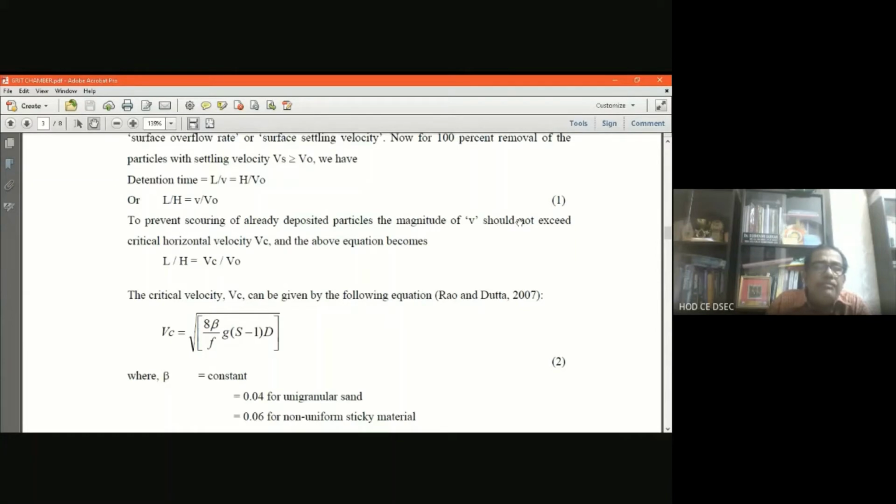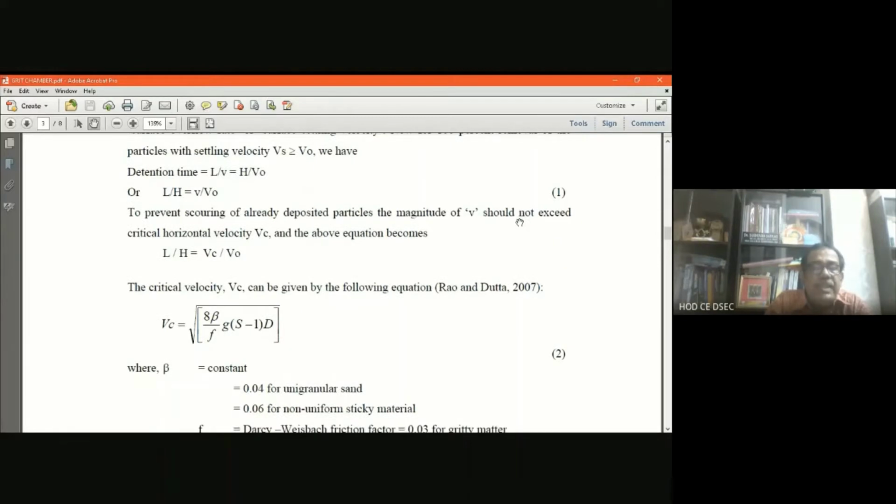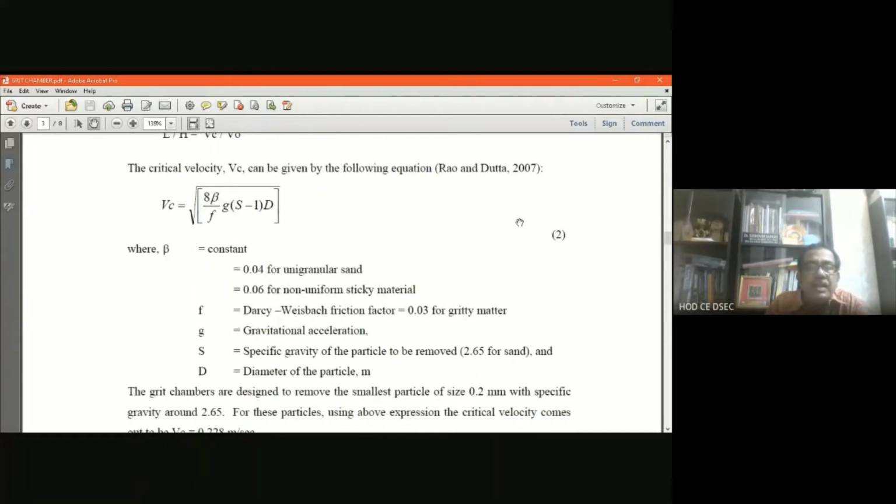The critical velocity Vc can be given by the Camp-Shields equation: Vc equals square root of 8 beta by f times (Gs minus 1) times d. f is the friction factor. Beta is 0.04 for uniform-sized particles and 0.06 for non-uniform sizes. f is the Darcy-Weisbach factor, which is 0.03. Gs is the specific gravity of the particle, sand, generally 2.65, and d is the diameter of the particle.